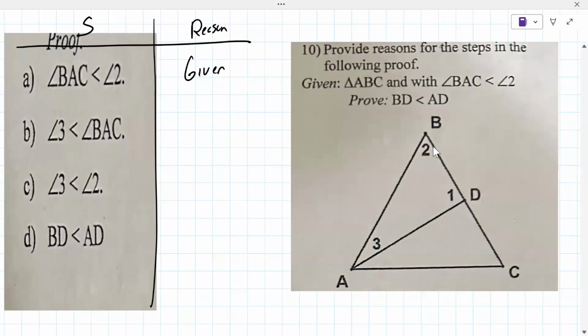BAC is less than angle 2. I'm not sure how to say it other than there's a missing piece to it. Of course, BAC is greater than 3 because 3 plus something else makes it. But I don't really have a good explanation beyond that. Trying to look at my book.